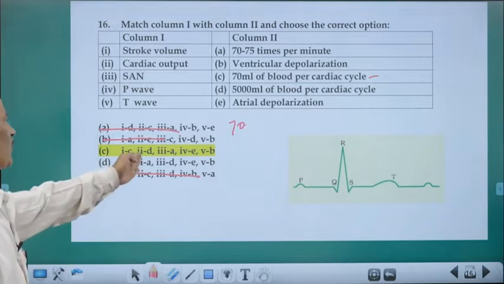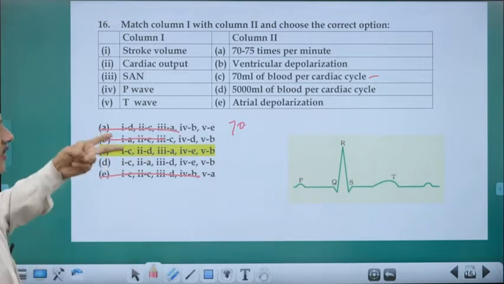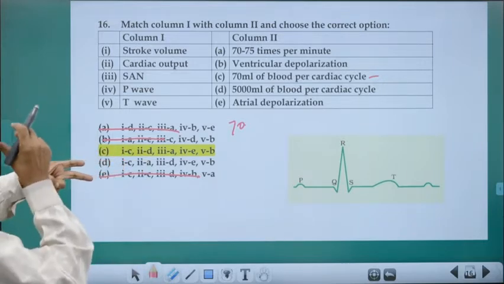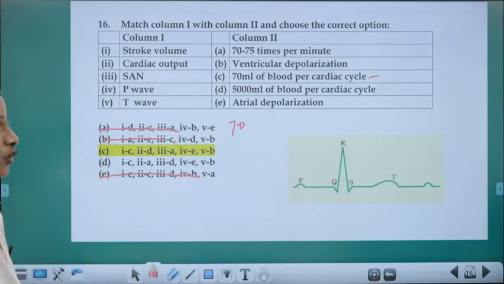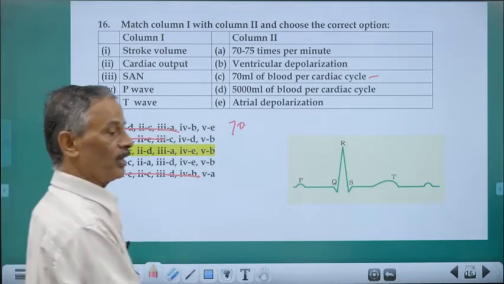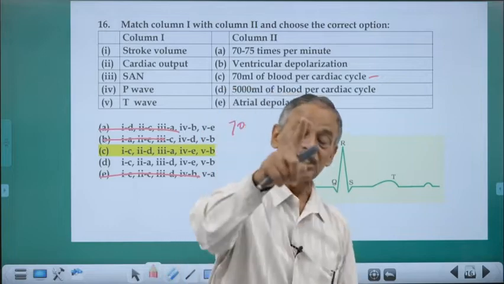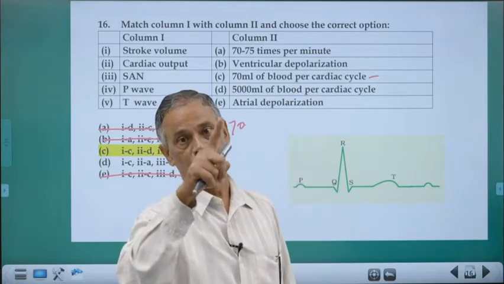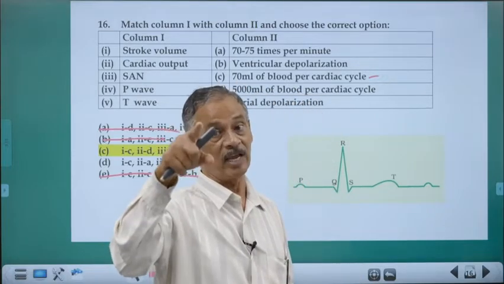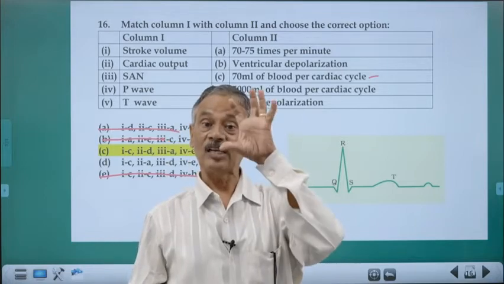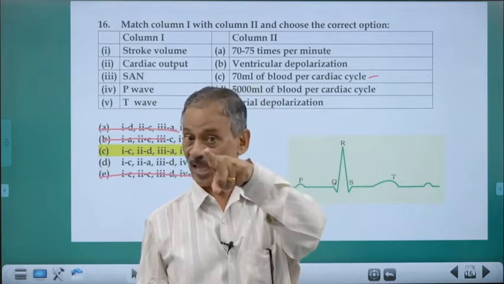Now the difference is in the second one itself. So in the second point itself, we will be arriving at the answer. What is cardiac output? Total volume of blood that will be pumped from each ventricle in 1 minute. In one contraction, 70 ml is pumped, and the heart is contracting 72 times on average.